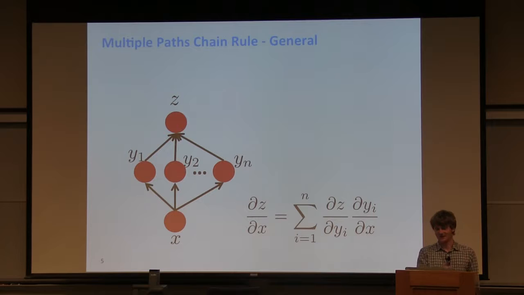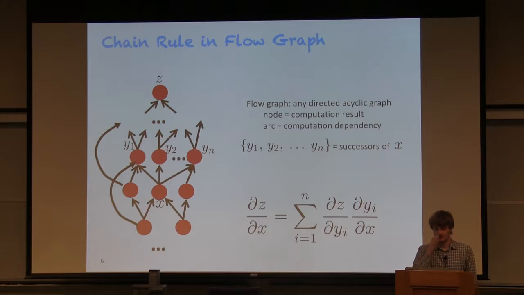And in general, as we have multiple of these, we'll have this general sum over all the intermediate nodes at the previous layer. We can describe this as a general flow or computational graph, which will be any directed acyclic graph, where at every node we'll have some computational result, and every arc will be some kind of computational dependency.